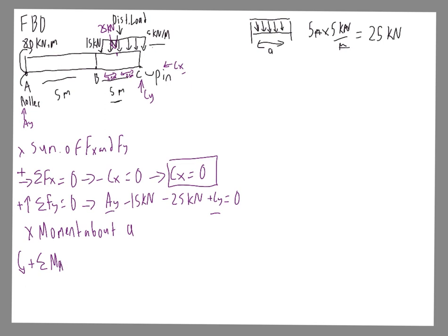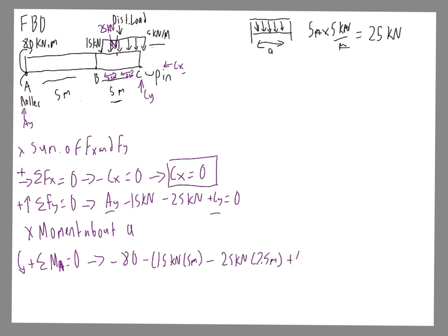Counterclockwise positive direction equals 0. Alright, so we've got minus 80 kilonewtons, it's rotating. Minus 15 kilonewtons, which is 5 meters away from A. Minus 25 kilonewtons, which is 7.5 meters away.